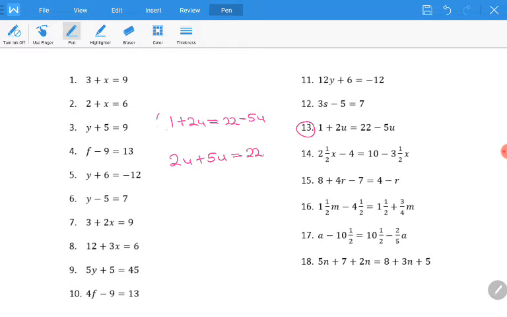Then this positive 1 is going to the right hand side and it's going to become negative 1. So 2u plus 5u, this gives me 7u is equal to 21. So if I divide both sides by 7, I get u is equal to 3.